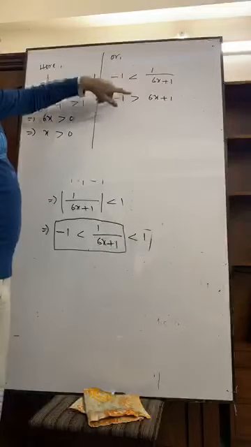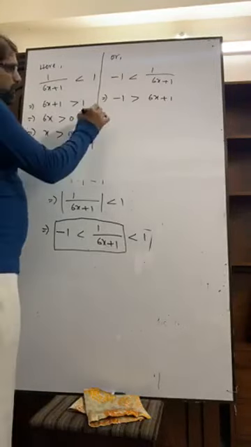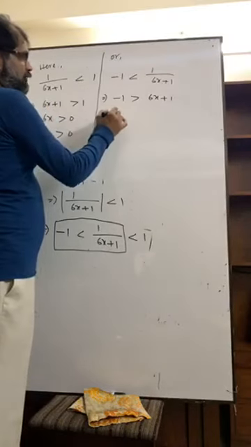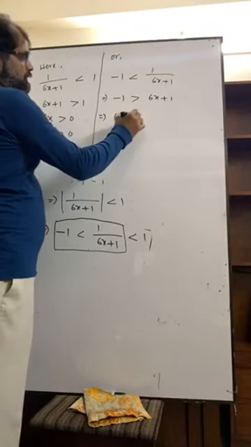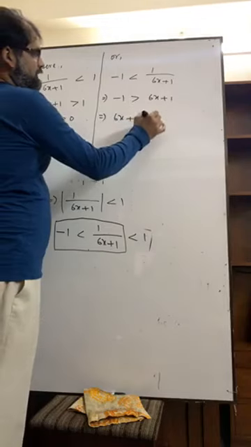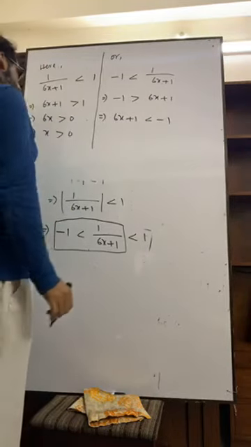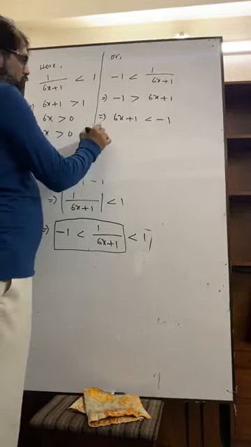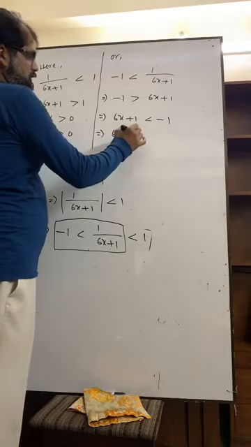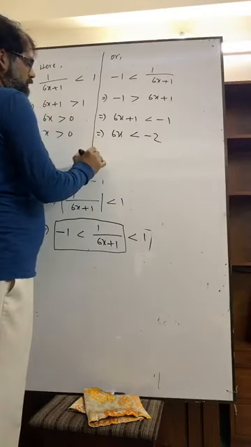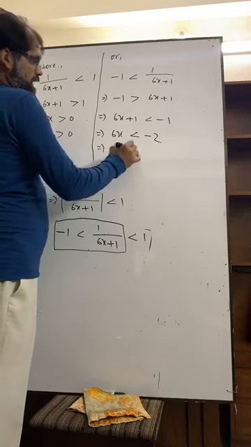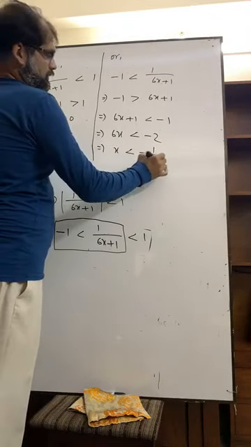This is less than, so it is greater than. This 1 can be taken to the left hand side, so it will be less than minus 1, or 6x less than minus 2, x less than minus 1 by 3.